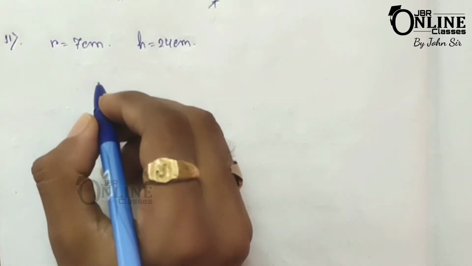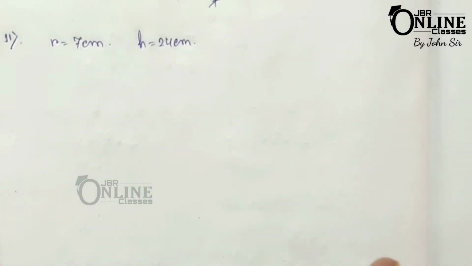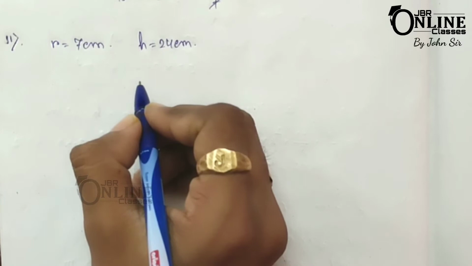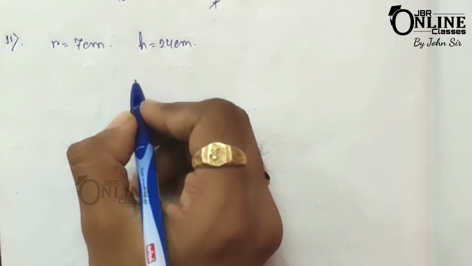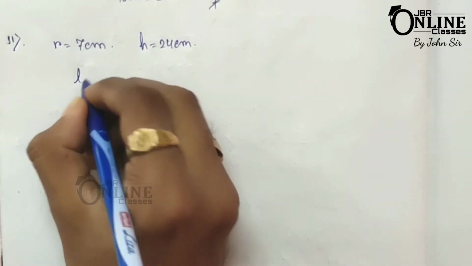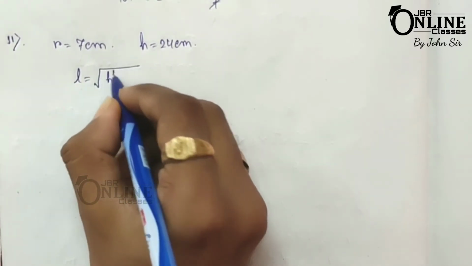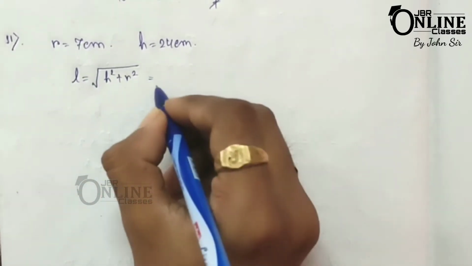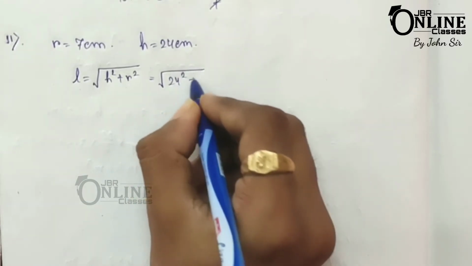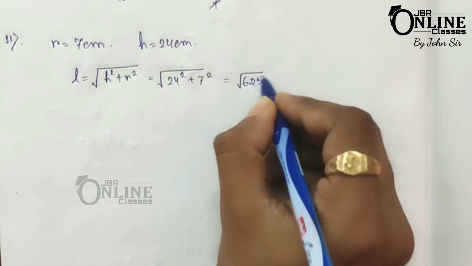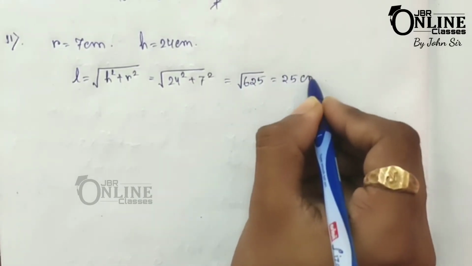As the cap is in the form of a right circular cone, to find the curved surface area, the formula is pi r l. So here first we have to find the slant height l. Now we know the formula l equal to root over h square plus r square, so that equals root over 24 square plus 7 square, and then you will get root over 625, and that equals 25 centimeter.